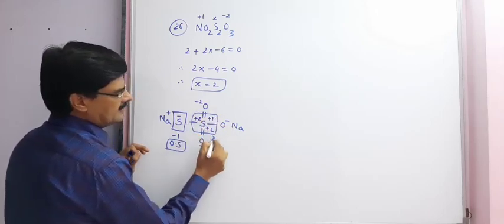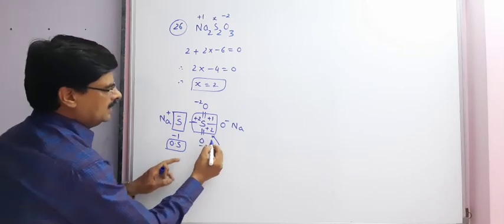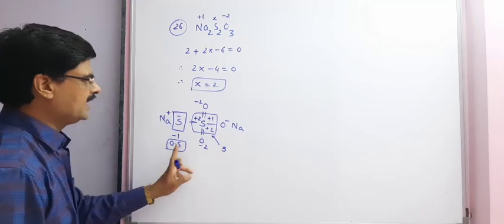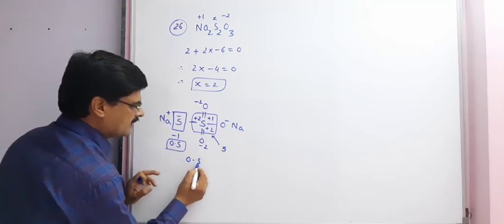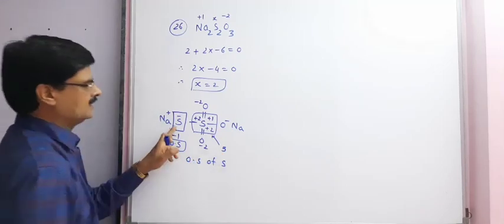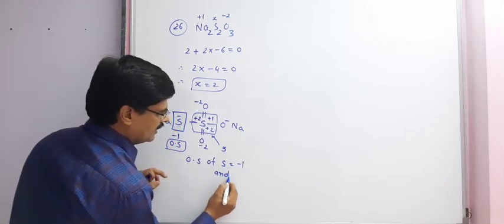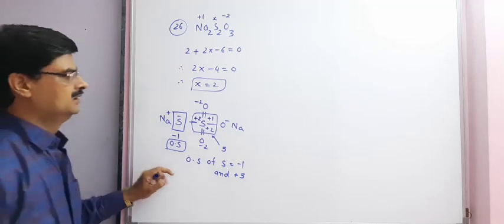So the oxidation state of the other sulfur will be +5. So we can write that the oxidation state of sulfur is -1 and +5.